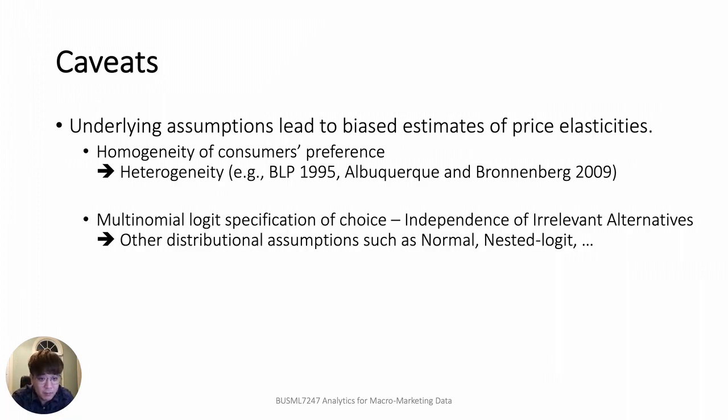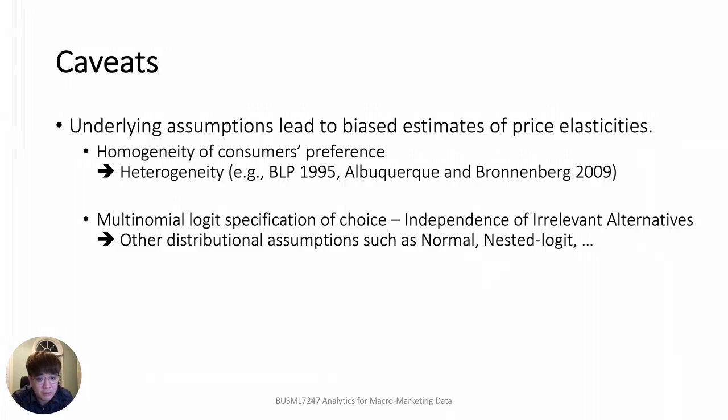Another assumption enforced in the model is the multinomial logit specification of choice. This specification provides several convenient computational properties as introduced, but it also has an unrealistic property, which is called independence of irrelevant alternatives, IIA property for short.